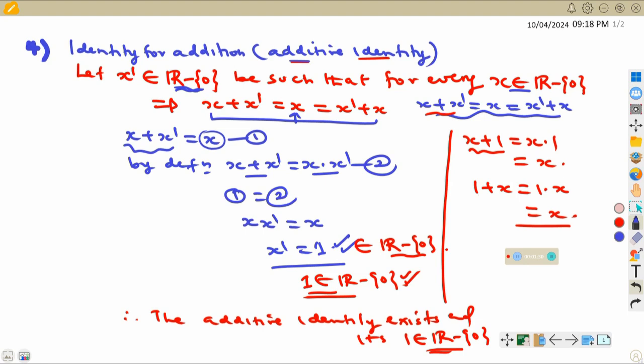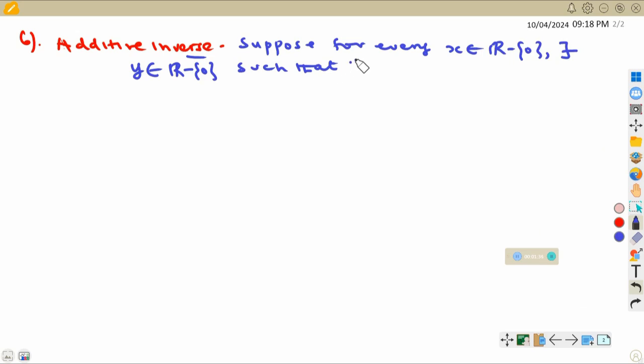However, when we talk about the additive inverse, it should hold that if x is any element from this given set, and we call y an additive inverse, then it should satisfy this given property: x plus the inverse should give you the additive identity.